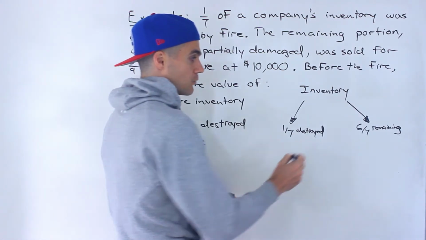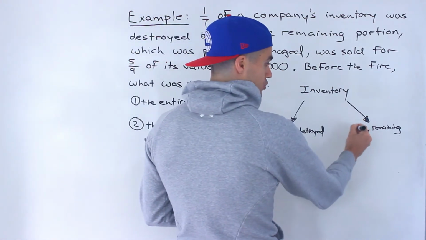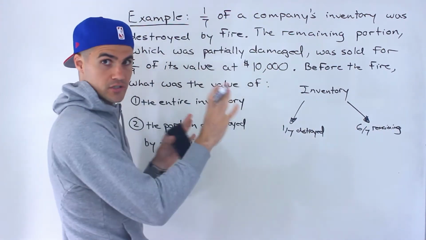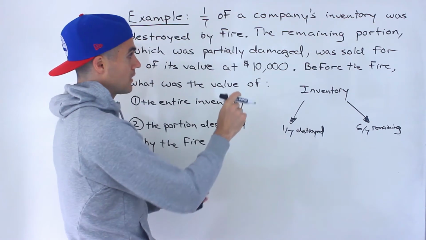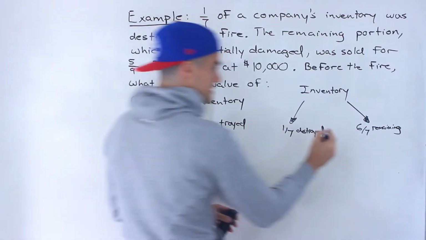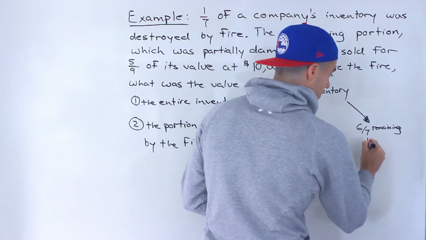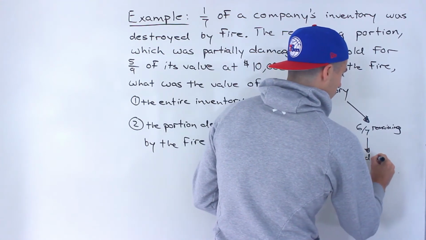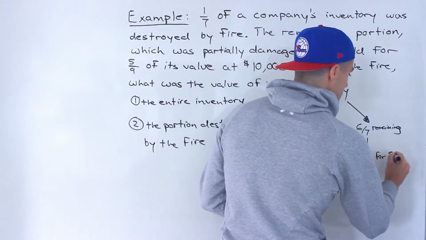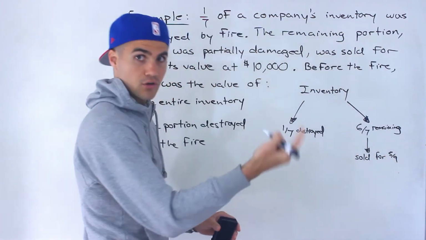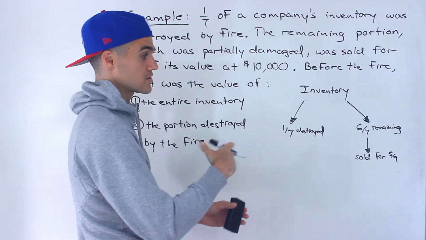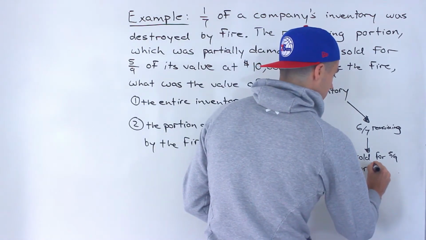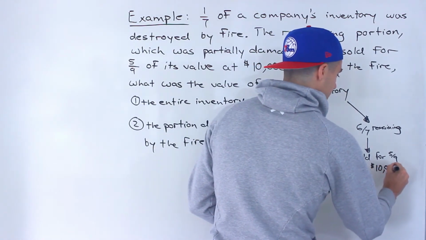Now, this remaining portion, even though it was remaining, was still partially damaged. And so it was sold for 5/9 of its value. So this portion here was sold for 5/9 of the original value before the fire, so sold for 5/9 for $10,000.